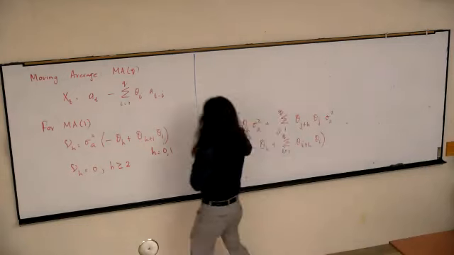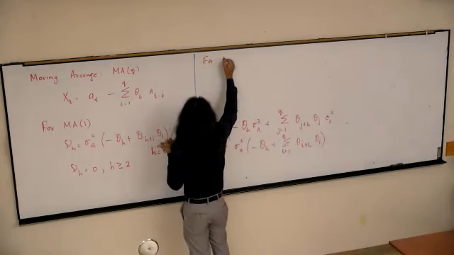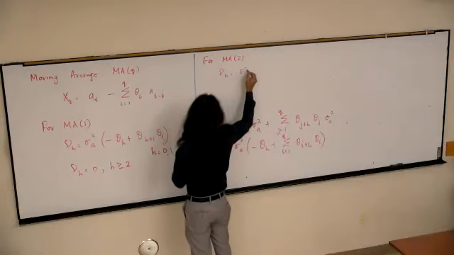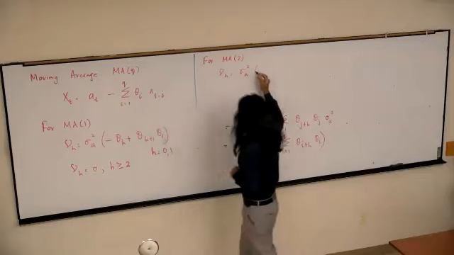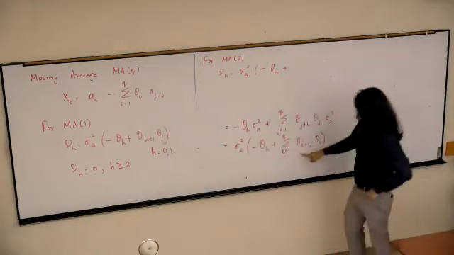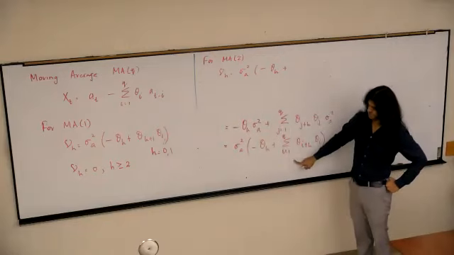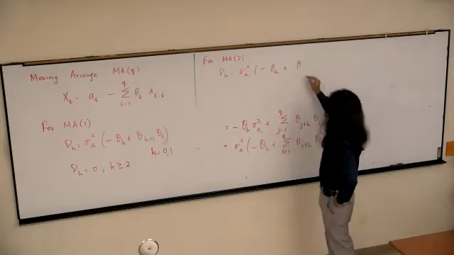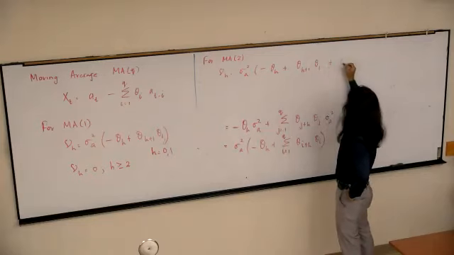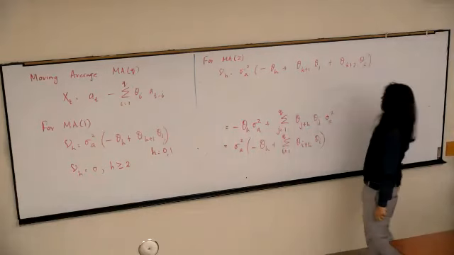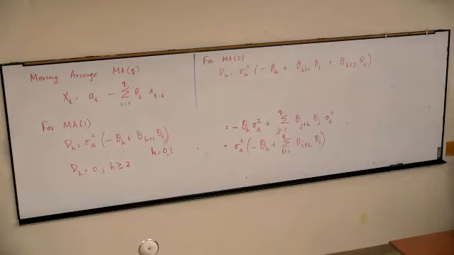Right, MA2, and then generalize. So for MA2, gamma h would be sigma squared a times minus theta sub h plus, I would go from 1 all the way up to 2. So theta h plus 1 times theta 1 plus theta h plus 2 times theta 2. Stop. Why?